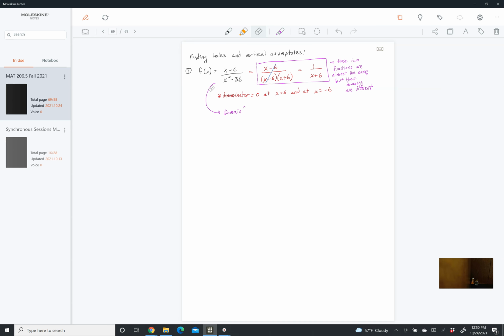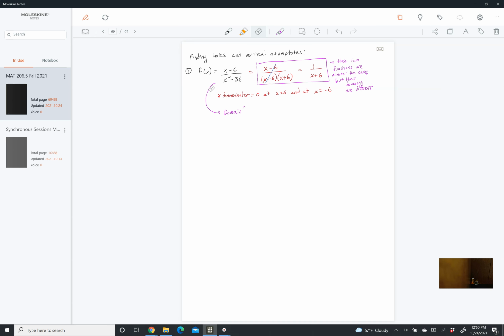So in sum, to find the holes and the vertical asymptotes, you factor the denominator. Set each factor equal to 0. There's a vertical asymptote when your factor doesn't cancel. There's a hole when it does.